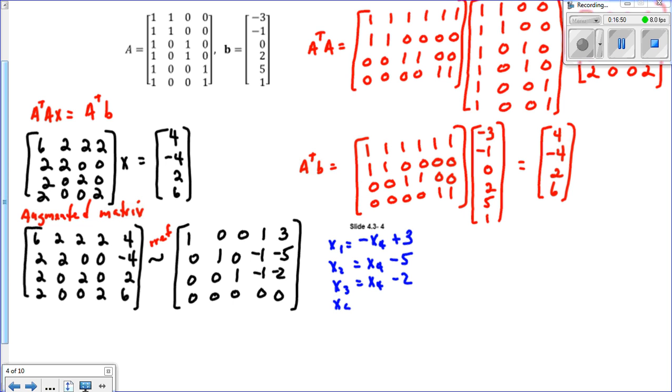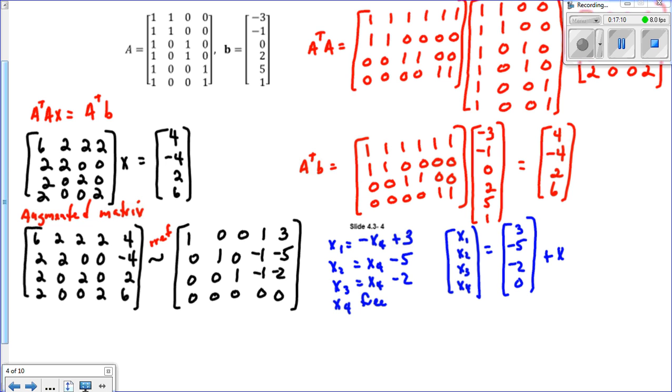And we have that x4 is free. So if we want to find the vector x, we can write that as 3, negative 5, negative 2, 0, plus x4 times negative 1, 1, 1, 1.